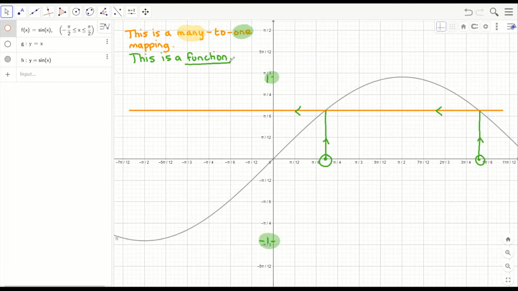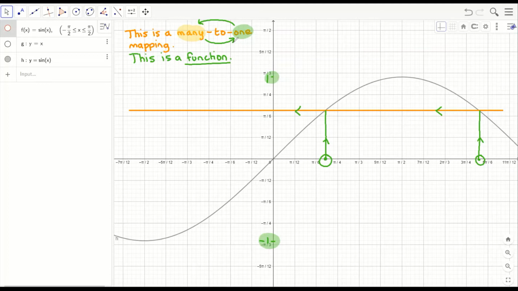And we said already, it doesn't have an inverse because if I find the inverse function, these domains and ranges will swap. And that means that the inverse function, I'll use the word function loosely there, would have a one-to-many mapping. And we know that one-to-many mappings are not functions.